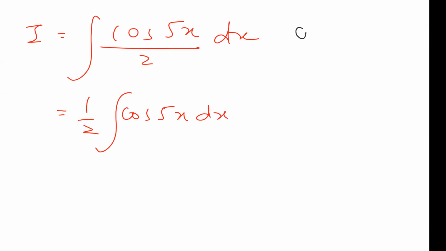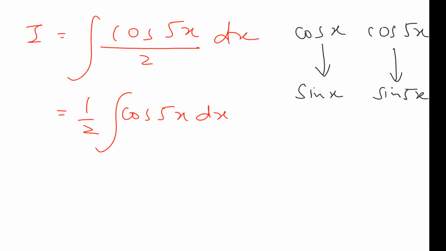As we all know, I've given you the formula list. The integration of cos x is sin x, so cos 5x will be sin 5x. Now if you compare both the terms, what is x getting replaced with?